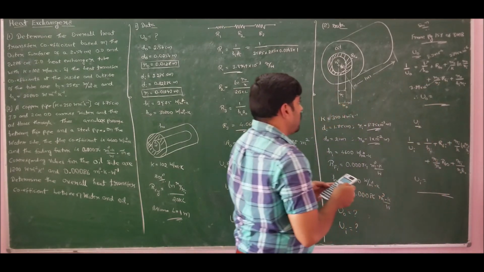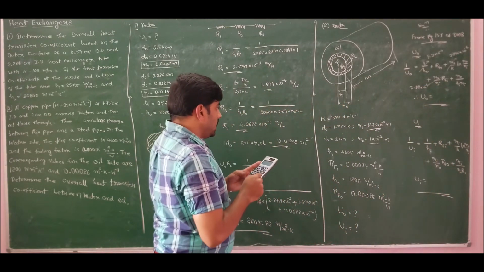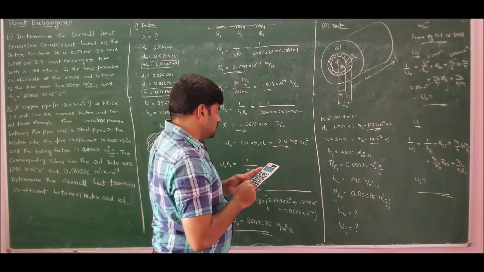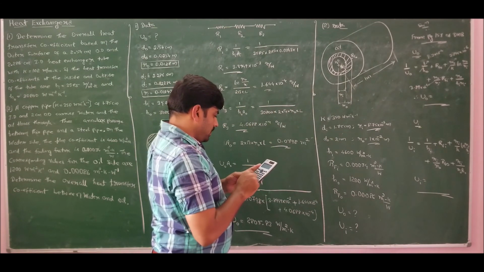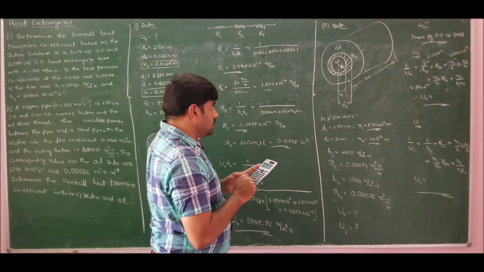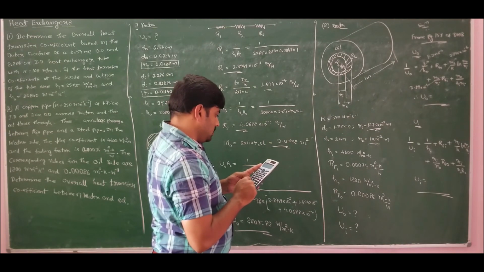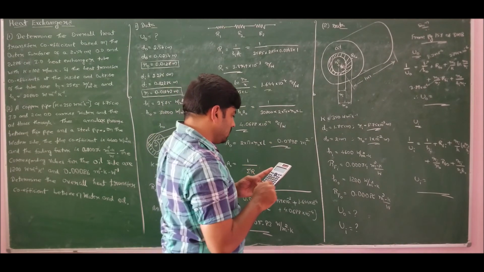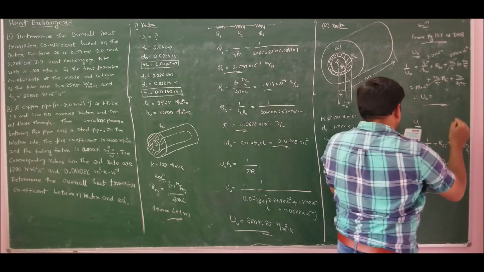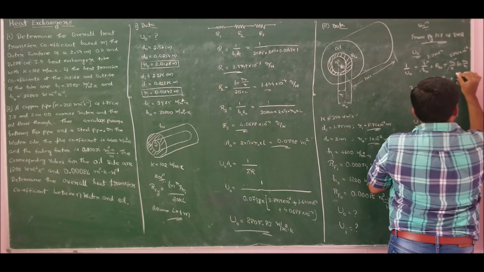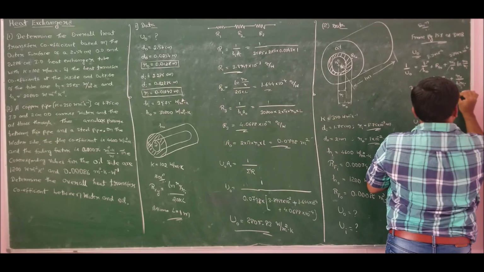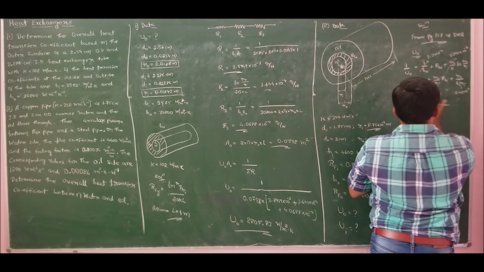And finally we have Ro by hi Ri, that is Ro by 0.875 into hi. hi is 4600, which is 2.48 × 10^-4.